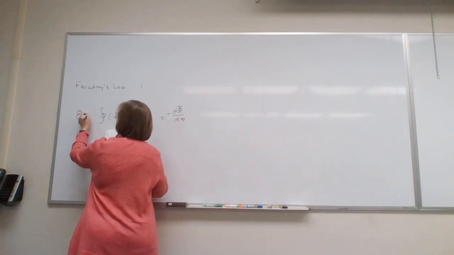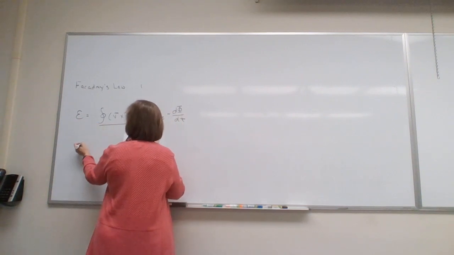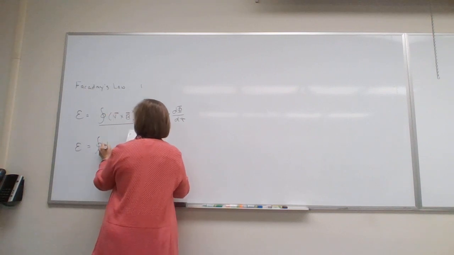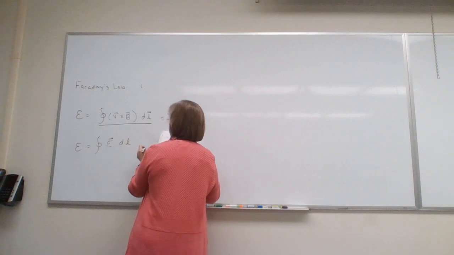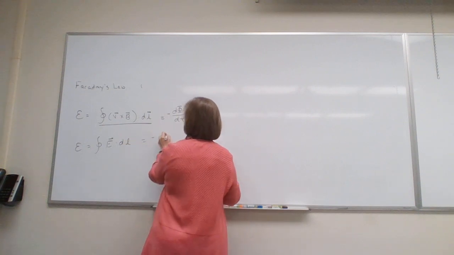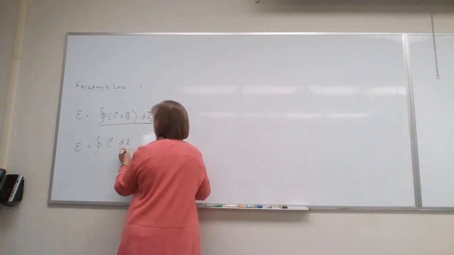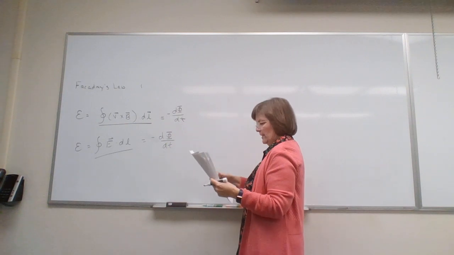Oh, okay, so should I write that first part then too? Yeah, you need this part. And then for the other one, that was this, which was E dot dl. It's this in-between part. And that, it still equals this. But it's more the idea of this part is different. That's moving, that's stationary.